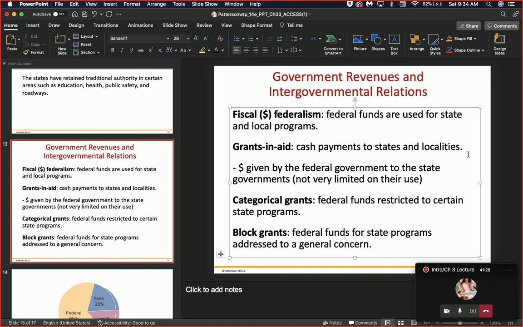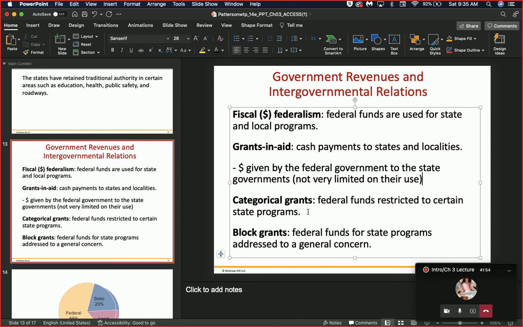So the state can use them as they see fit. The money is a grant, okay? So remember, there's a difference between grants and loans. Grants, when you see it in financial aid, you don't have to pay those back, right? So that is money that the national government is giving the state level government that they do not have to pay back, okay? Different from a loan.